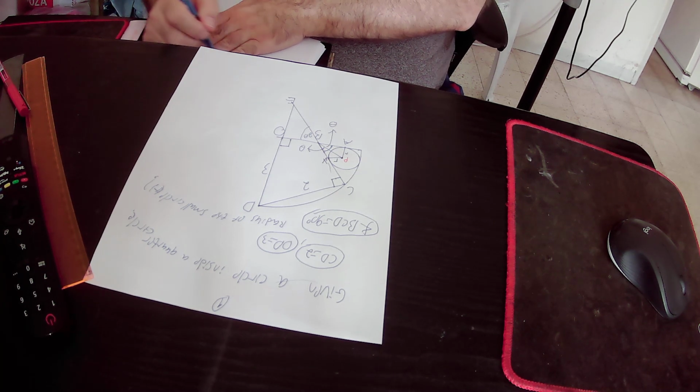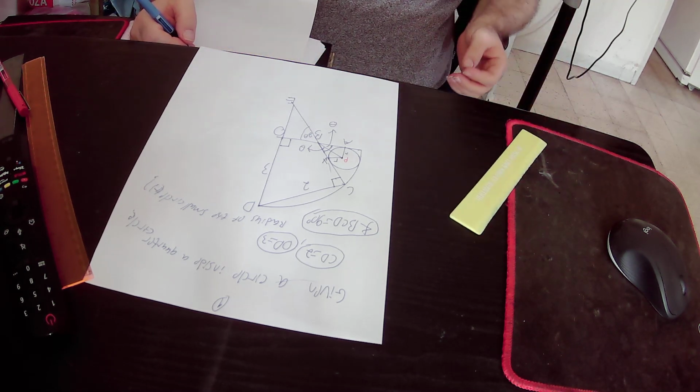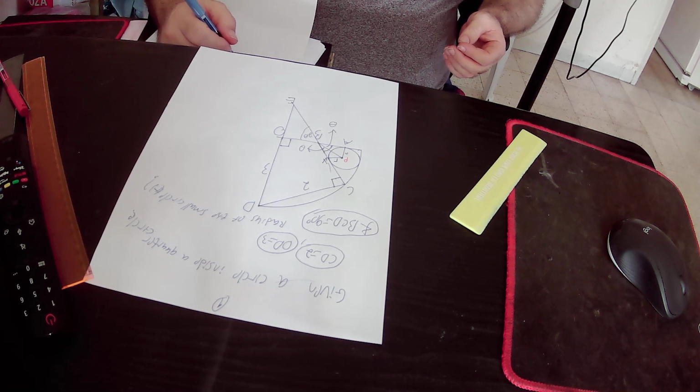Okay, and we have a rule that states that the sum of the angles on a straight line is equal to 180 degrees.